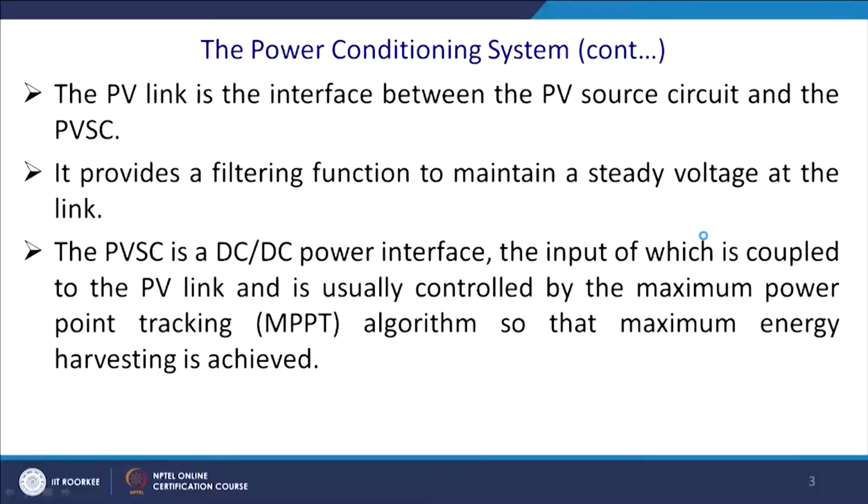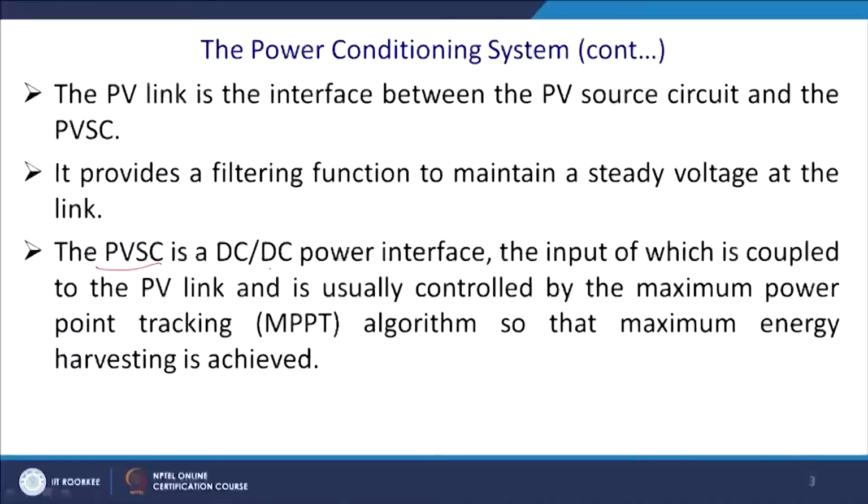So, for this reason it provides a filtering function to maintain a steady voltage at the link. And sometimes you are shorting if you use a boost converter, so that also you require to consider. For this reason we require that filter, so that the current value does not fluctuate to a very high extent.